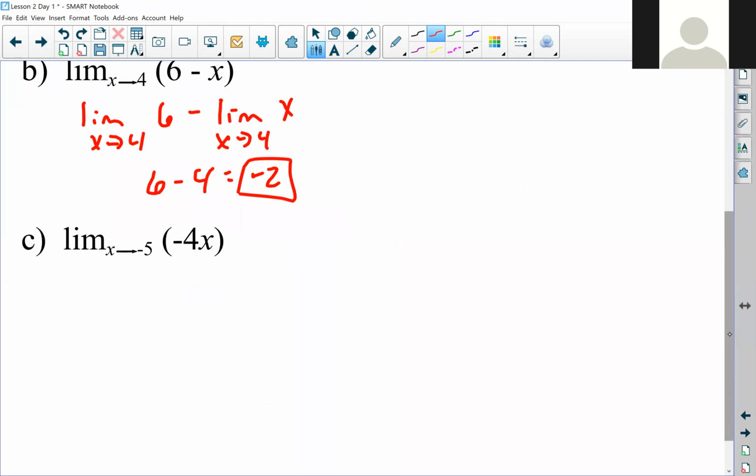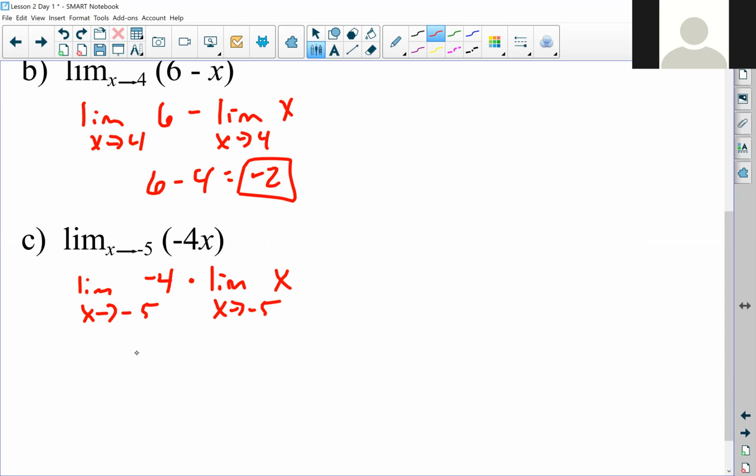And if we apply that to our product rule, the limit as x approaches -5 of -4 times the limit as x approaches -5 of x.